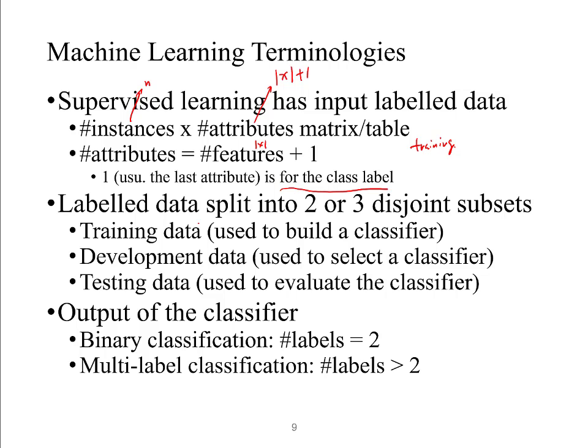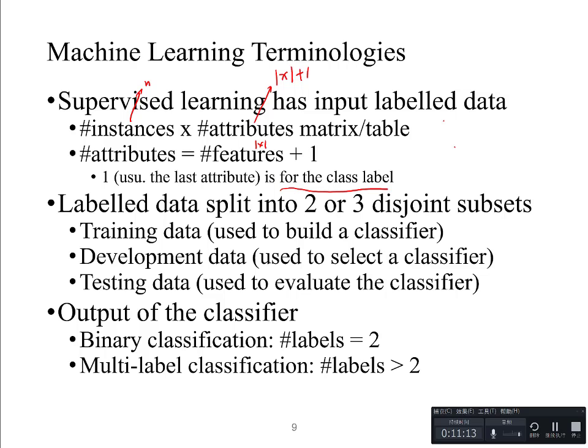So labeled data is split into 3 or 4 disjoint subsets: training data, development data, and testing data. Training data is used to build a classifier, development data is used to select a classifier, and testing data is used to evaluate the classifier.